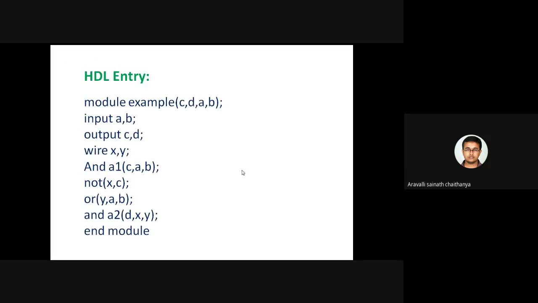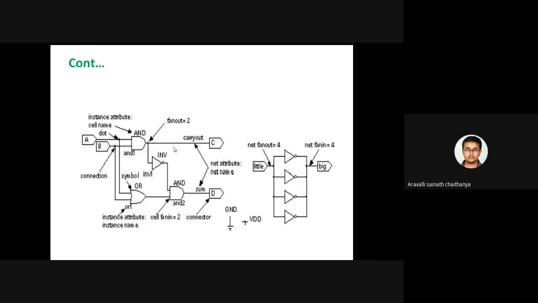So here, module example. I just wanted to treat all these schematic circuits as one module, because it is a block meeting some functionality. What is that functionality? Now we will see. The inputs for the module are A pin and B pin, and the outputs are C and D pins.